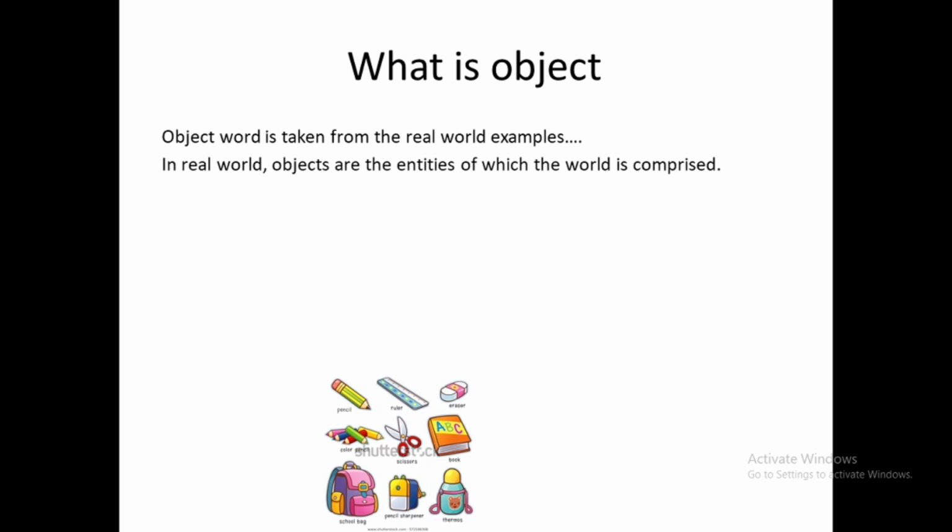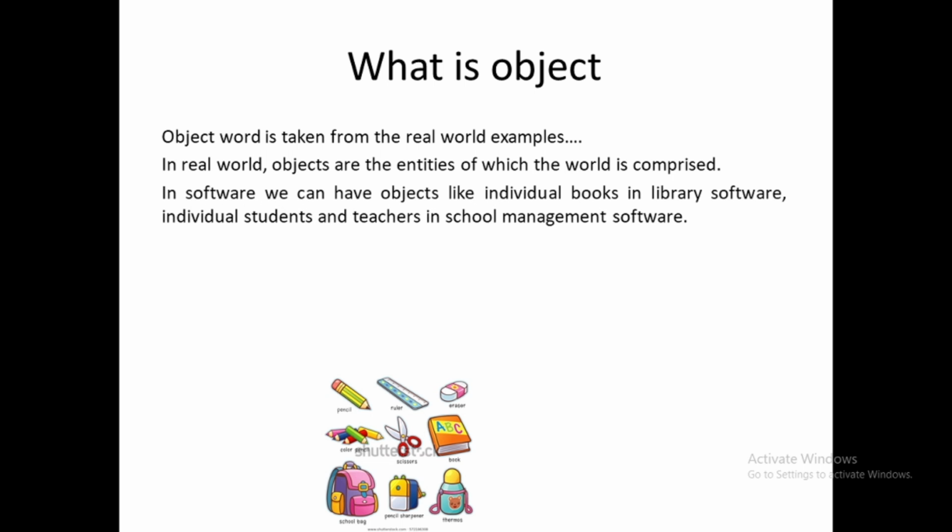In the real world, objects are the entities of which the world is comprised. So here you can see pen, pencil, eraser, scale, all these are objects. In software, we can have objects like individual books in library software. Suppose we are dealing with library software, then individual books are objects.